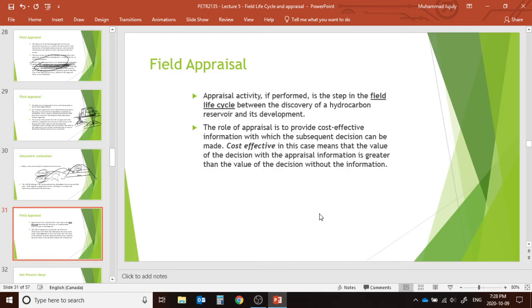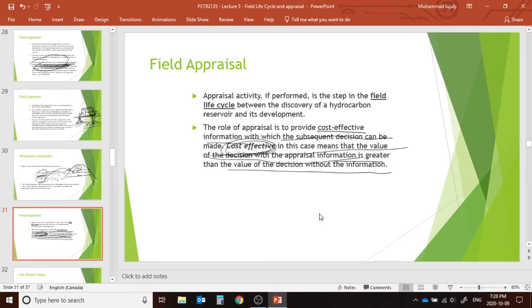Appraisal activity, if performed, is a step in the field life cycle between the discovery of the hydrocarbon and the development. As I said, the role of appraisal is to provide cost-effective information so that a subsequent decision can be made. Cost-effective in this case means the value of the decision with the appraisal information is greater than the value of the decision made without the information.